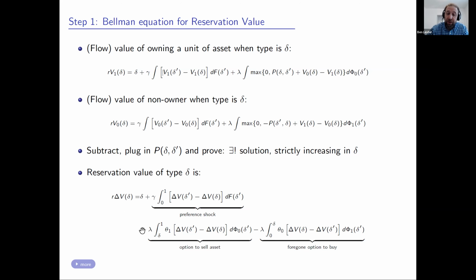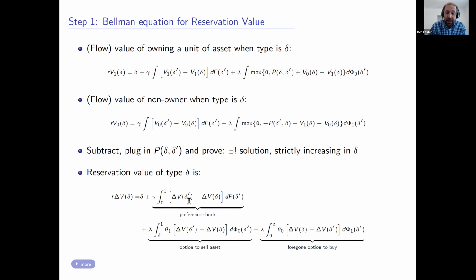Well, again, you get some flow value from owning it. Once in a while, your reservation value is going to change because of a preference shock. And then there are actually 2 option values that enter into this reservation value. So the first one is this. I understand that if I acquire the asset right now, in the future, I'm going to be able to sell that asset, okay?